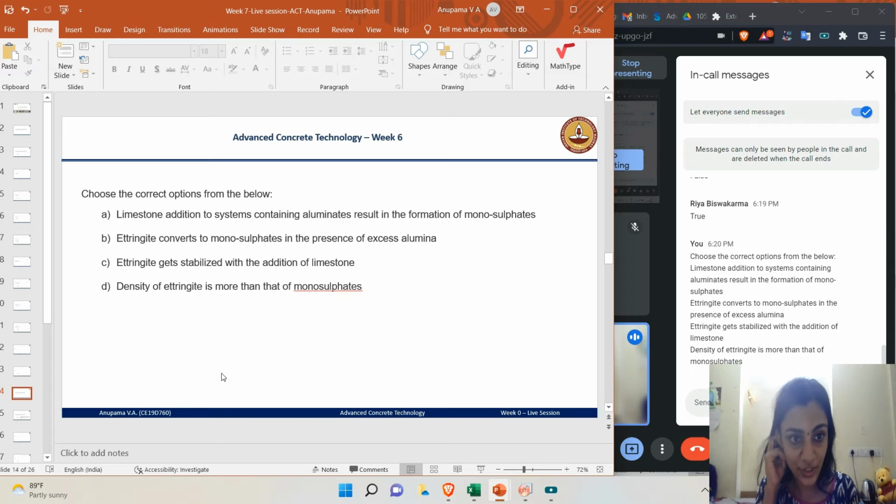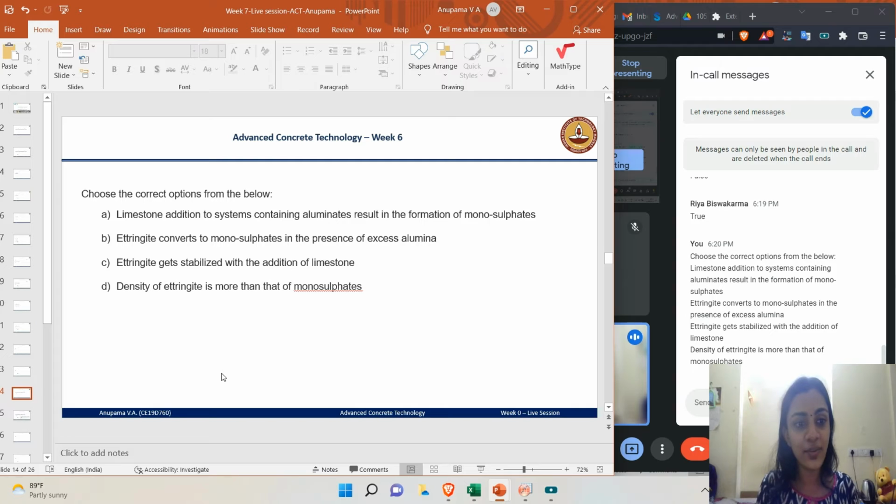Second statement is that ettringite, when it reacts with excess alumina, results in the formation of monosulfates. So ettringite becomes monosulfate when it reacts with excess alumina. Now, the third statement is that ettringite gets stabilized with the addition of limestone.